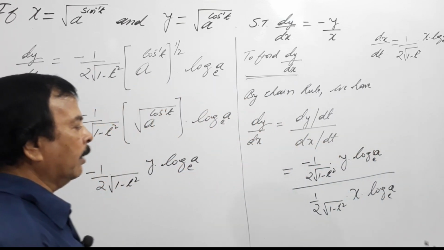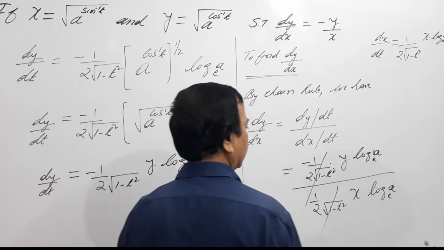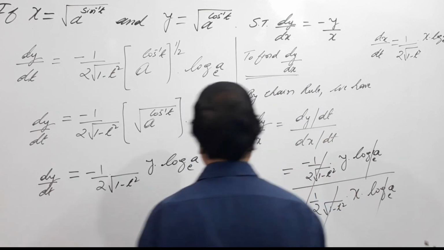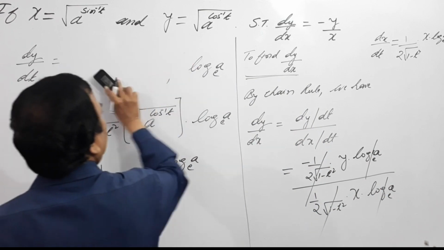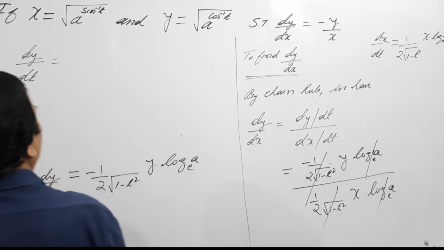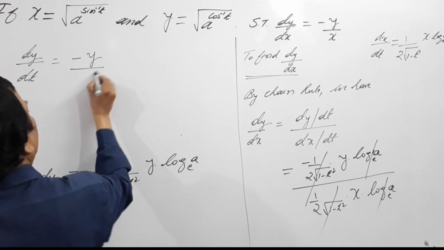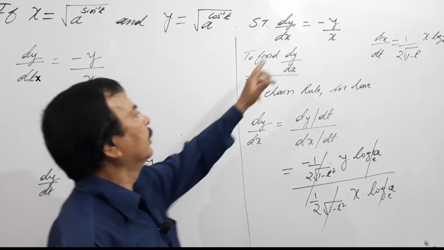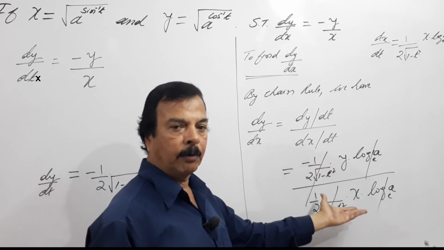Done. So what happens here? This and this cancel, and you are left with minus y by x. So you got minus y by x, we already got it.